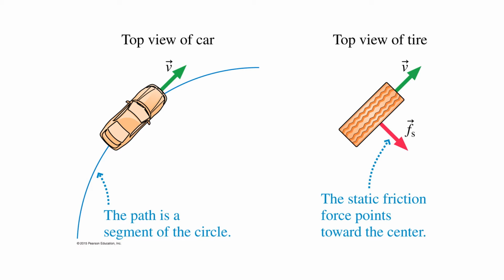If you ever hit a patch of ice while you're trying to turn, you know this all too well. And of course, that static friction is your centripetal force, and that is pointed towards the center of that segment of circle that you're turning on.